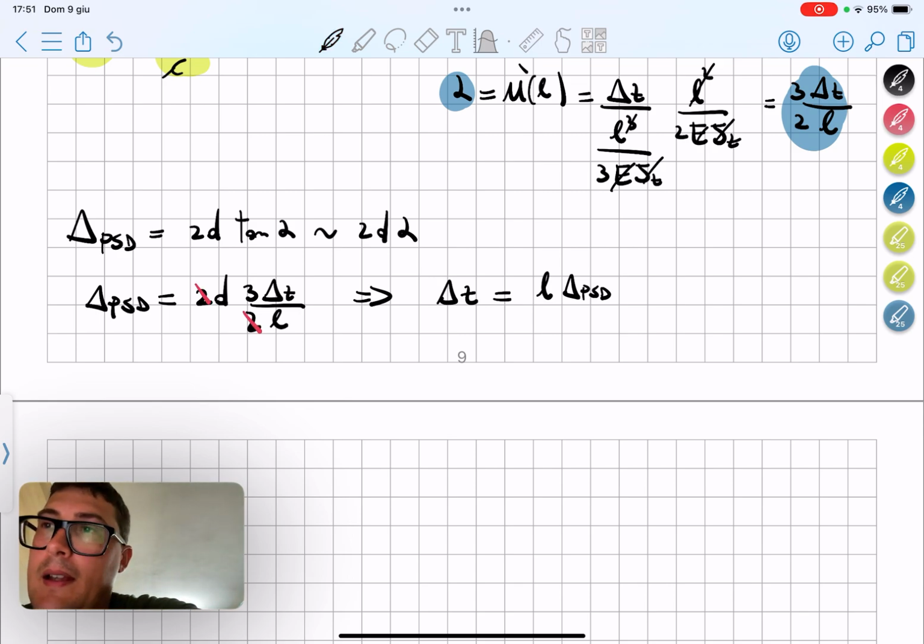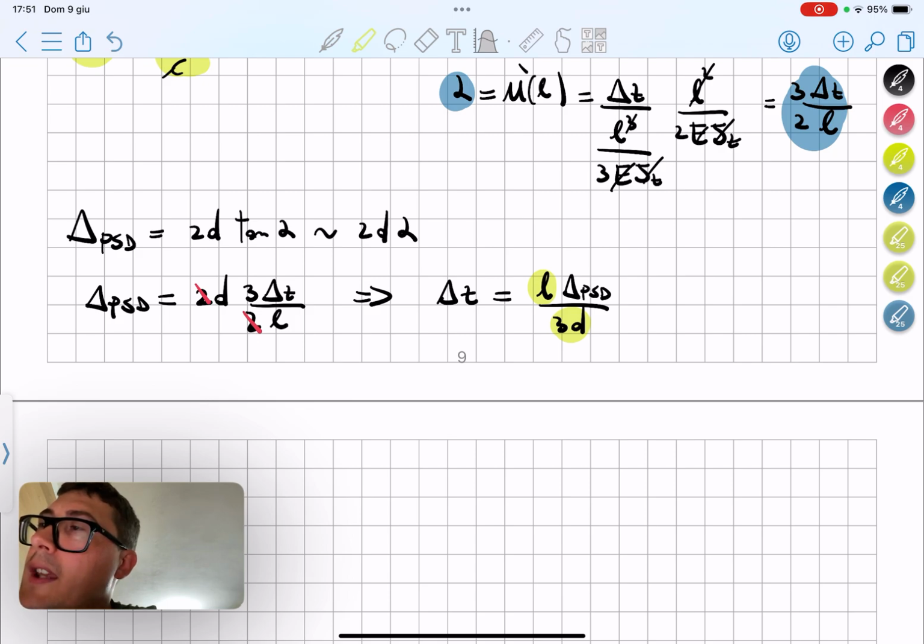So it's L delta PSD divided by 3d. Essentially L is the length of the cantilever, and the distance d between the cantilever and the detector is also known.